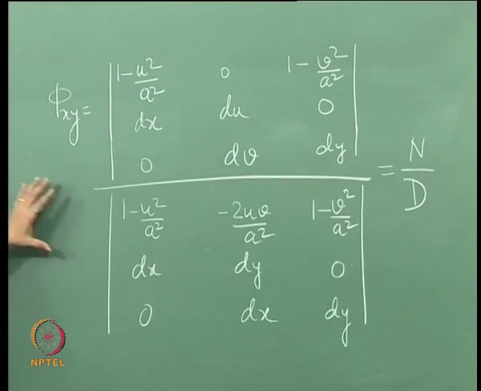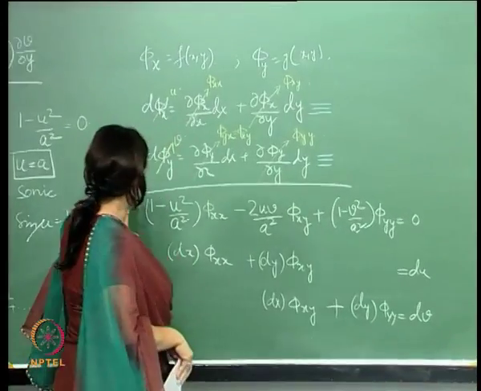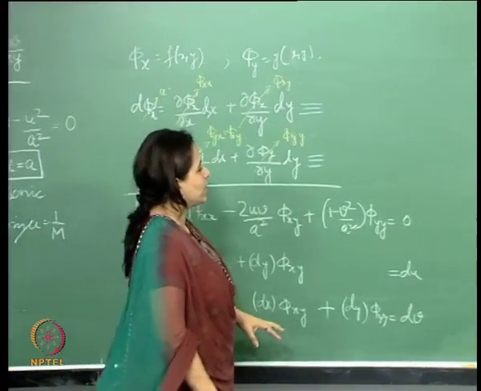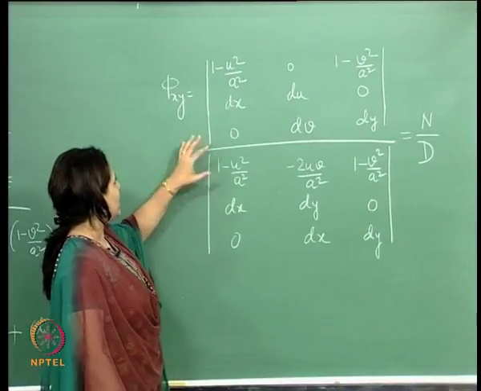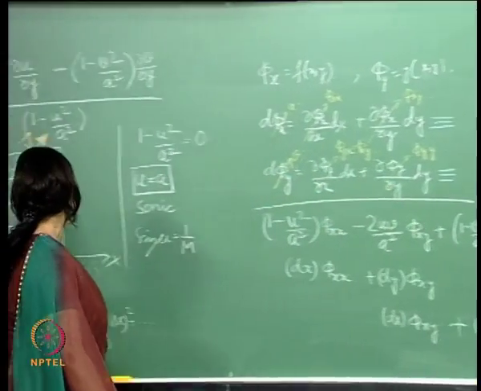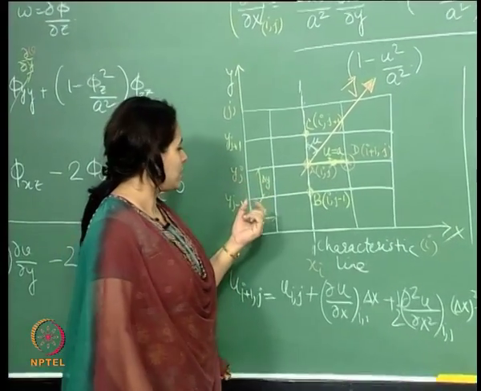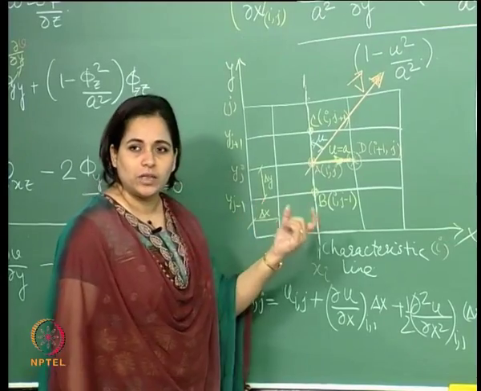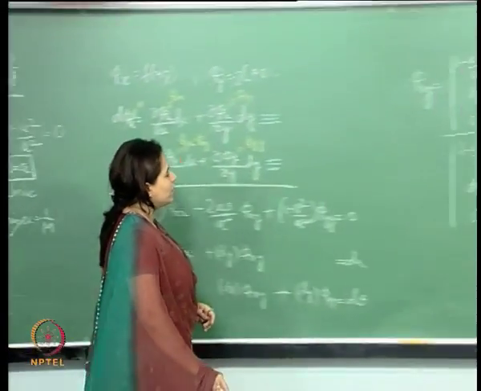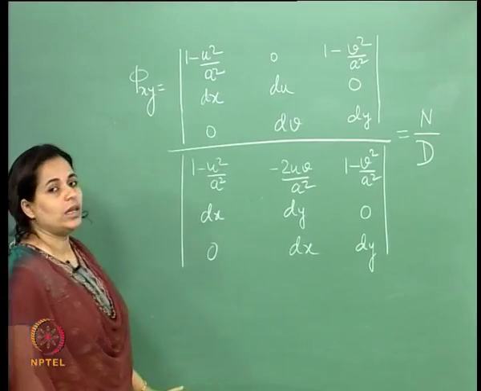Now this is what we get. All we did here was take the 2D velocity potential equation, combine that with this, and we are able to get this. Essentially, for a given dx and dy, which are the small incremental changes in the x direction and y direction respectively, we are trying to calculate phi xy.